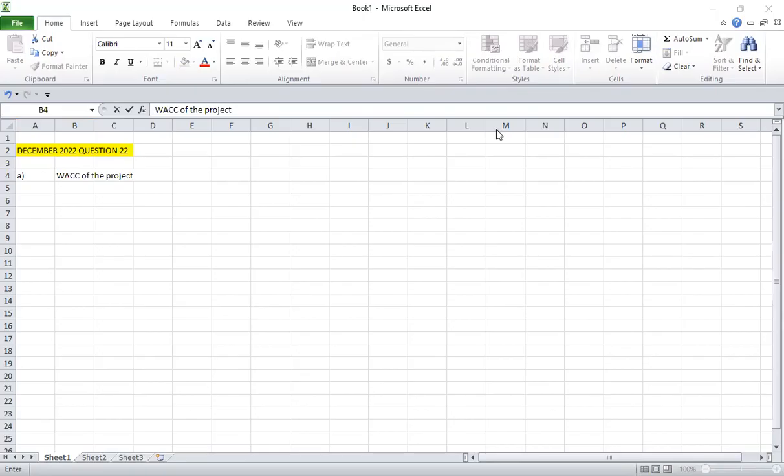Now, I want you to refer to where the question has talked about the cost of capital. Look at note number 9. What are we told in note number 9? That Vuma Limited has a real weighted average cost of capital, that is WACC, of 8%. Remember, that is for the entire company.